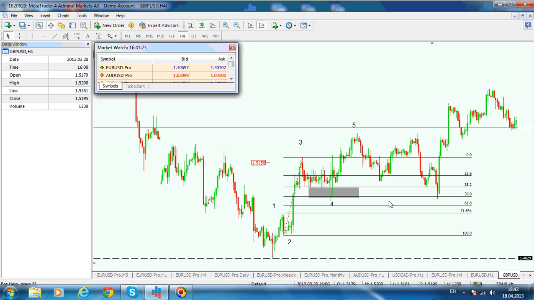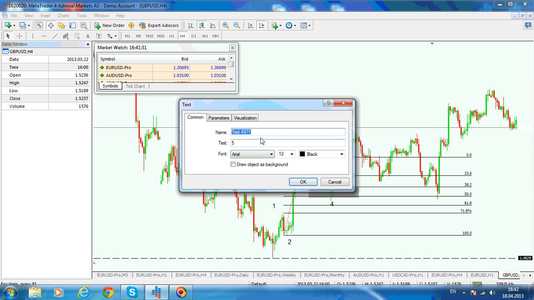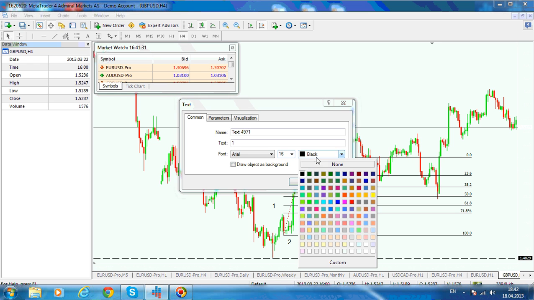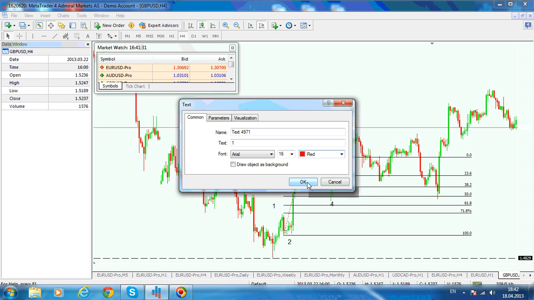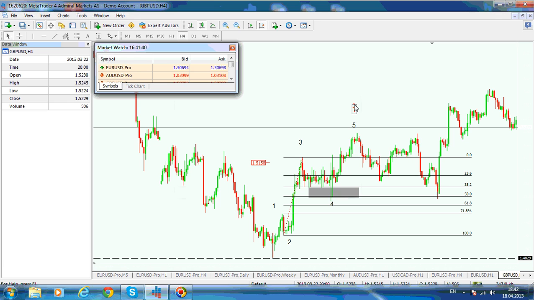But in here, on this lower degree, this might be a 1, 2, 3, 4, 5, and this entire move to the upside might be only one leg, so wave 1, okay, of a higher degree move, like this wave 1, okay. One more thing to know about impulsive moves is that when you're looking at the corrective waves within an impulse, there is the second and the fourth wave.